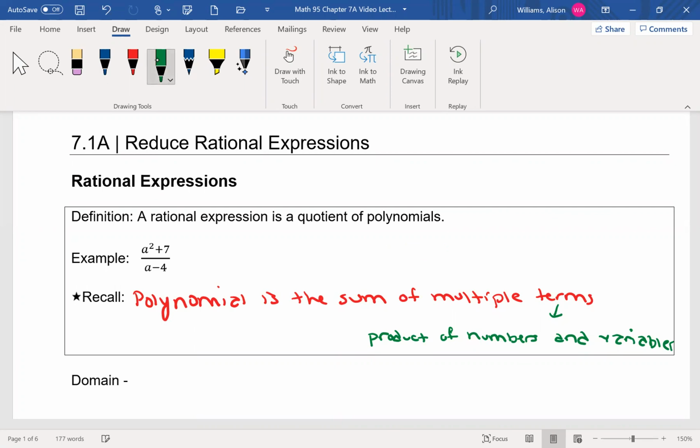And we're looking at quotients of these. You might recall, a quotient is the division between two polynomials. Sum, of course, is the addition, and then product means multiplication. Lots of math words in just a few statements there. Okay, so there we go. That's a rational expression. And what makes a rational expression important is that we have variables in the denominator.